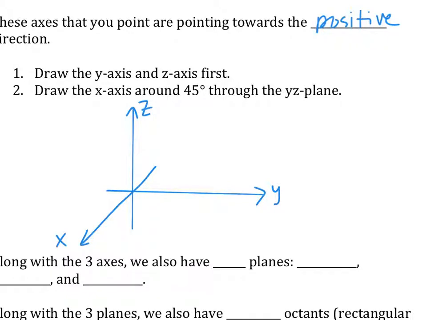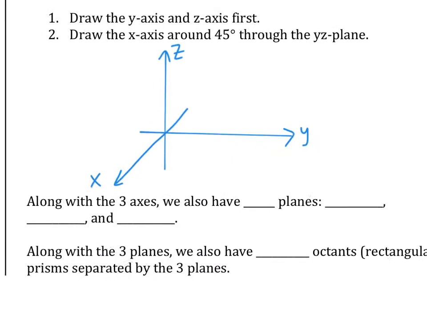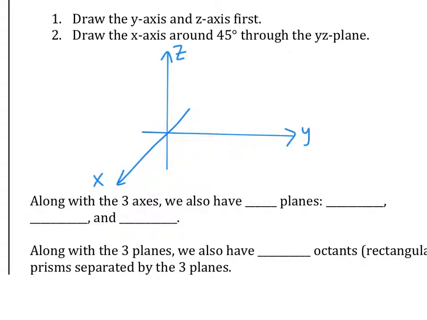All right, in a 3D world, along with the three axes, we have three planes. The planes are XY, XZ, and YZ. I don't know if you can see it.